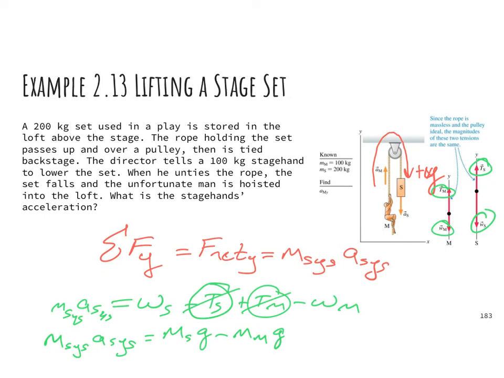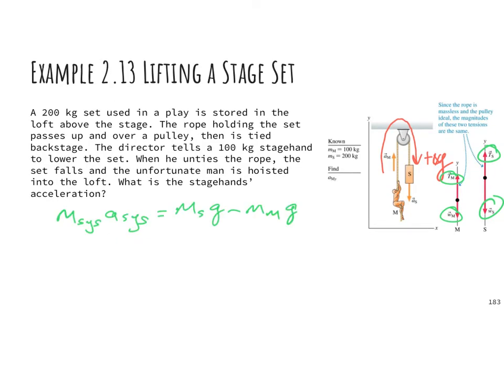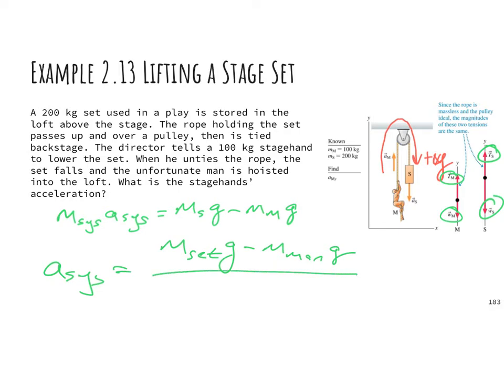So let me just clean this up real quick. All right, so to get the acceleration of the system by itself, it's going to be the mass of the set times gravity minus the mass of the man times gravity divided by the mass of the system, which is going to be the mass of the set plus the mass of the man. Okay, so like I said, the big concept is the sum of the forces equals the mass of the system times the acceleration of the system.